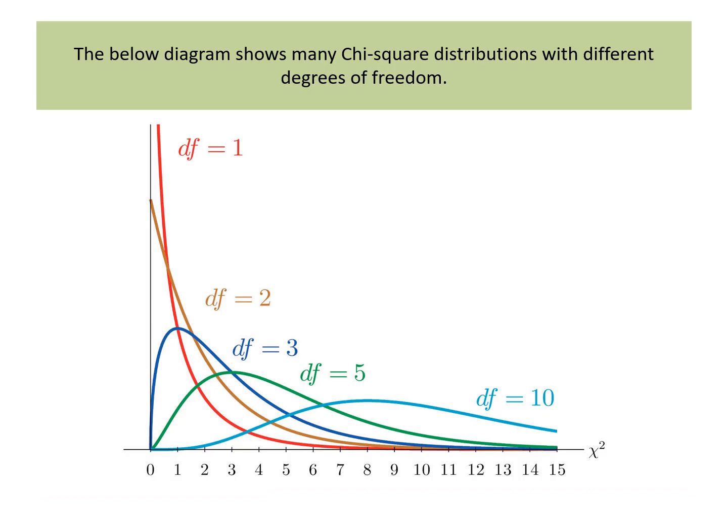Now, this is the slide where I have represented how the exact shape of the chi-square distribution depends on the degrees of freedom. See the red line, it's the distribution of chi-square when df equals 1. But it changes when df equals 2, in the brown line. See the third, df equals 3 in the dark blue line, how the distribution again changed, and it changes very markedly each time.